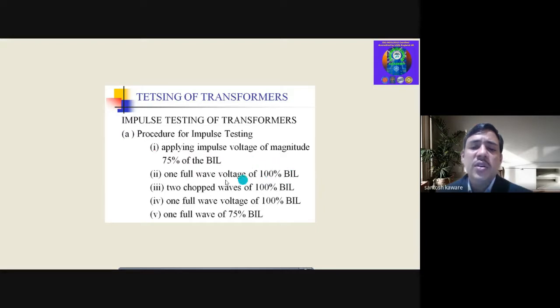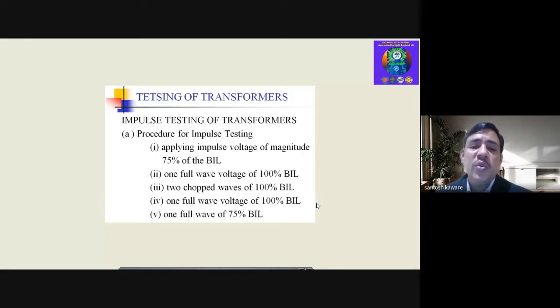Next, they apply one full wave voltage of 100% BIL, which means 420 kV. Second, they apply two chopped waves, meaning not the complete wave, but they chop a portion of that wave. Suppose the complete wave does not come, just some part of that wave, up to its 100% BIL, strikes the equipment, then what will happen?